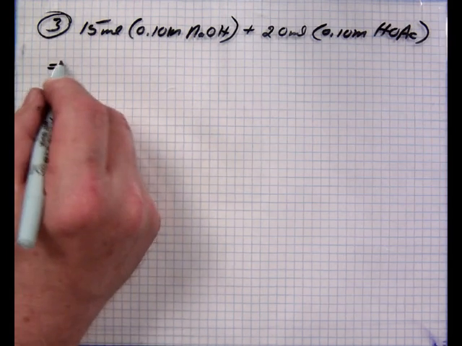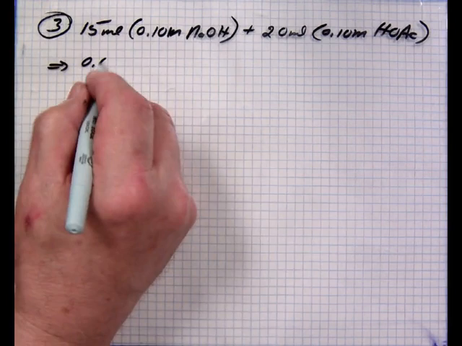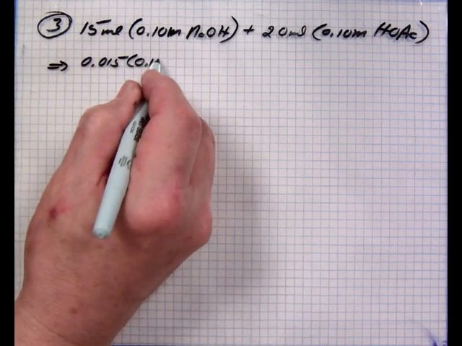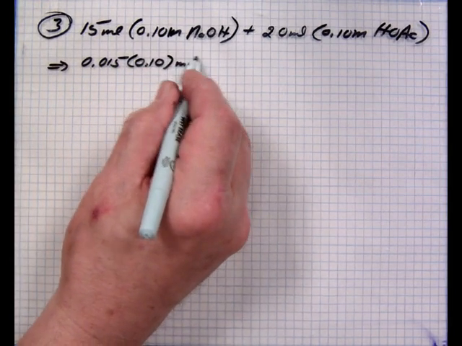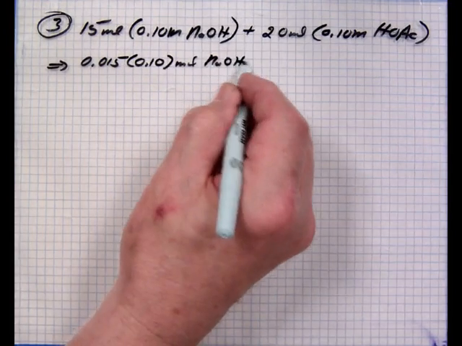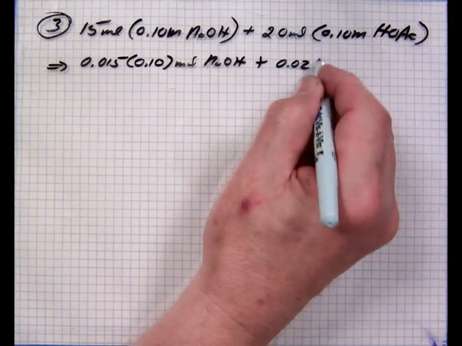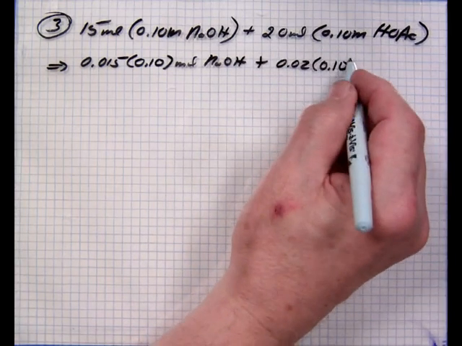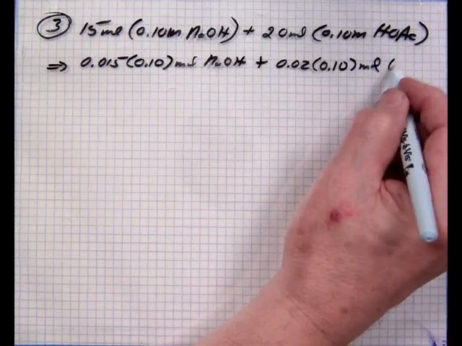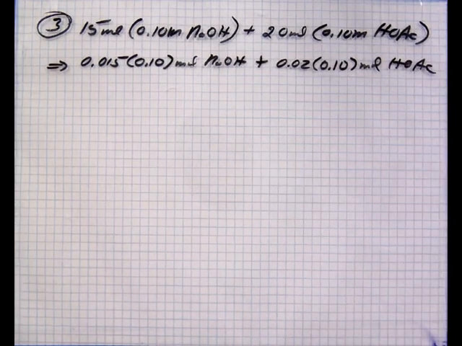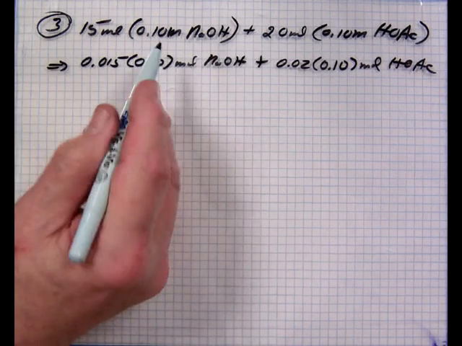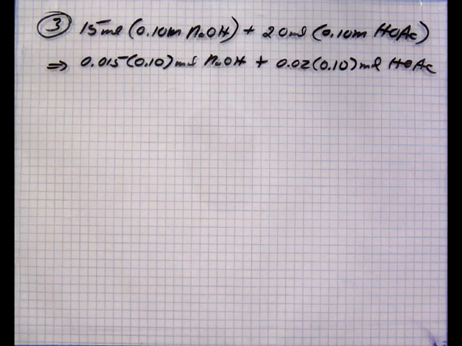So here we find is 0.015 times 0.10 mole sodium hydroxide plus 0.02 times 0.10 mole of acetic acid. Molarity times volume in liters. We have to convert, of course, the volume 15. That's where that number comes from.